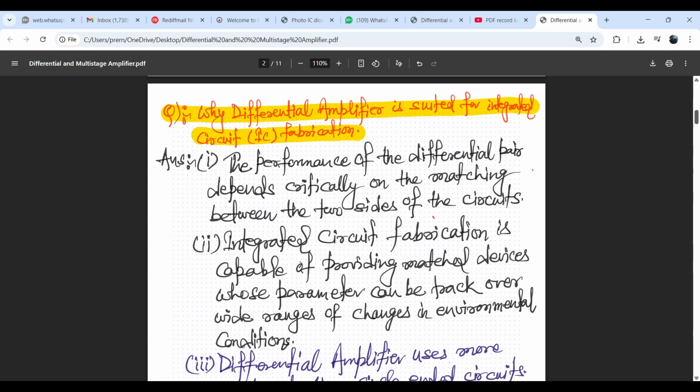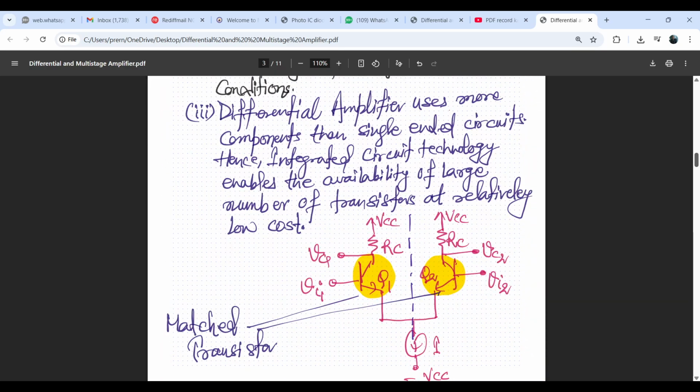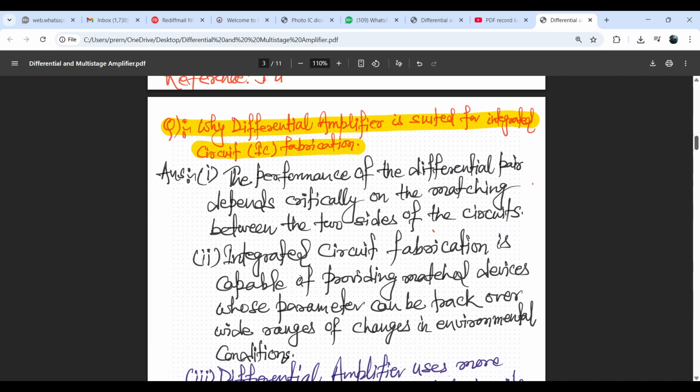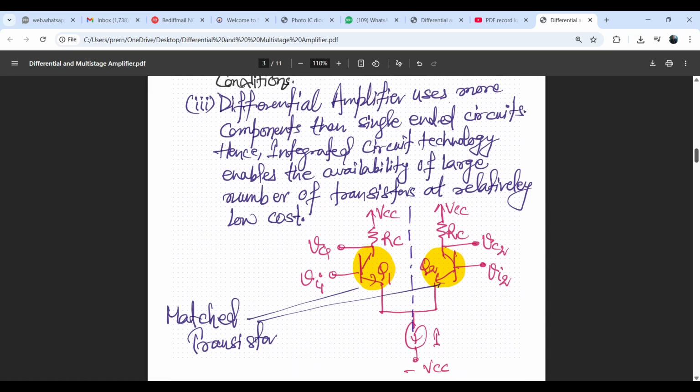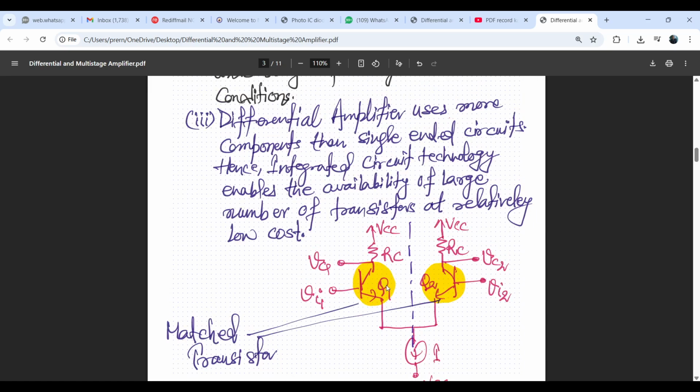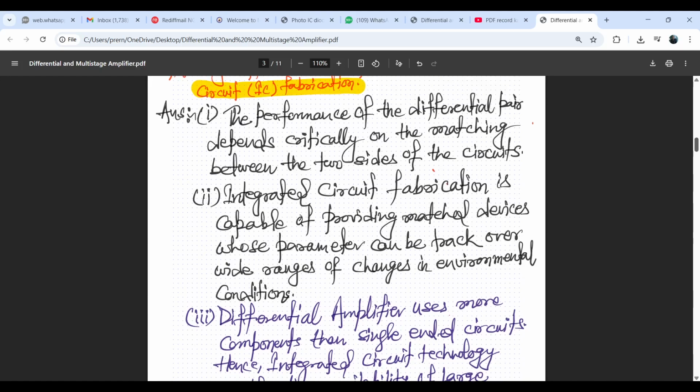For this purpose I just want to show you some figure. See, here there are two transistors Q1, Q2, both having the matched property, both having similar parameters, or a very symmetrical structure. So both are matched.